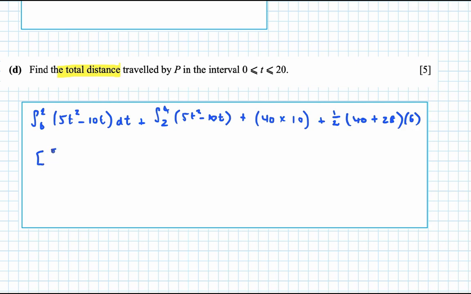So we'll integrate this now. Add 1 is 3, so 5 divided by 3, t to the power of 3, minus 10 divided by 2, which is 5, t squared. And we'll just put our little boundaries there as well, 2 and 0. You can plug that in your calculator, of course, to find that. If it has a boundary of 0, you know that it just takes away from 0. So put out your workings either way when you're doing this in the exam.